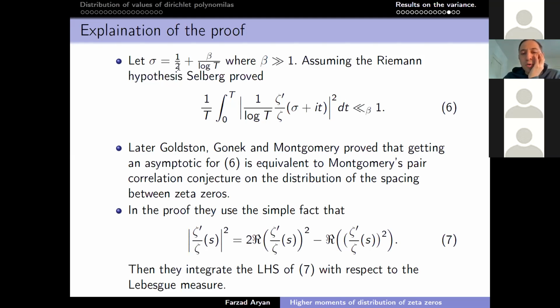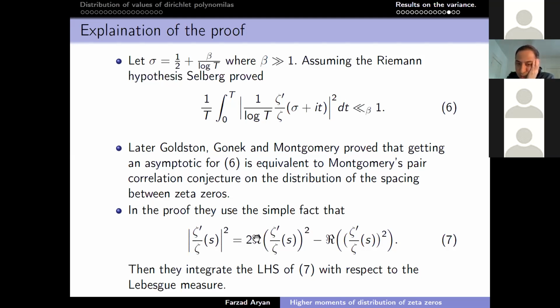They used this simple identity: the absolute value squared of a complex number is 2 times the real part squared minus the real part of that complex number squared. Then they integrated with respect to Lebesgue measure, and this term would disappear when you integrate. You would throw out the information that this term carries.